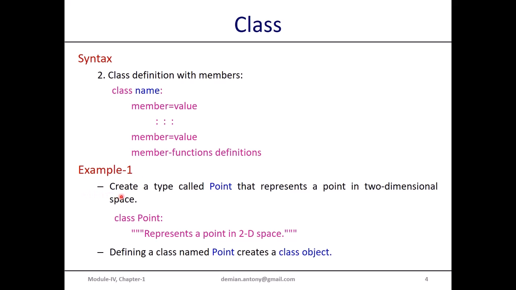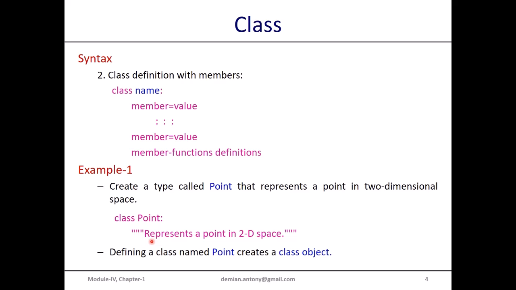Let's create a simple user defined type called point, which represents a point in a two-dimensional space. We use the first format syntax, class point. This is a class name or a class object, and this is a docstring.